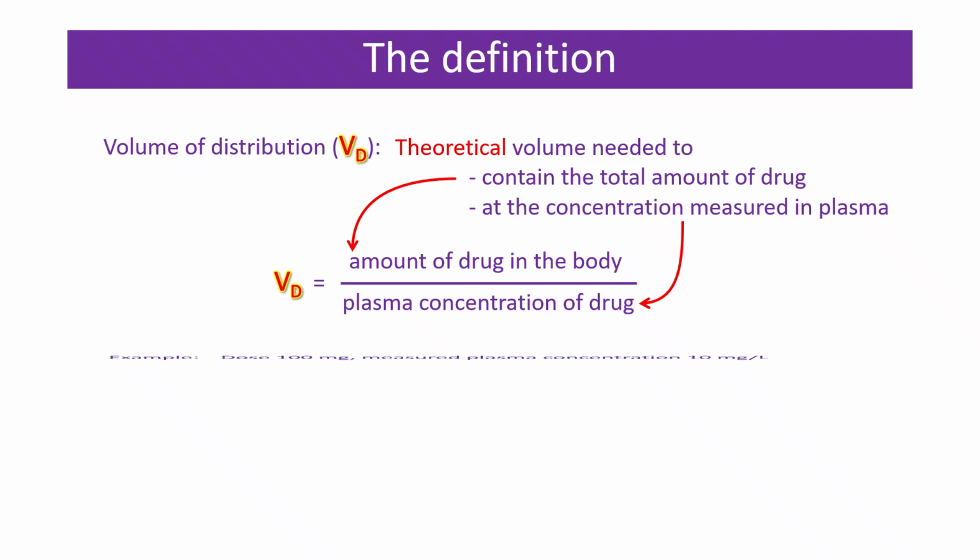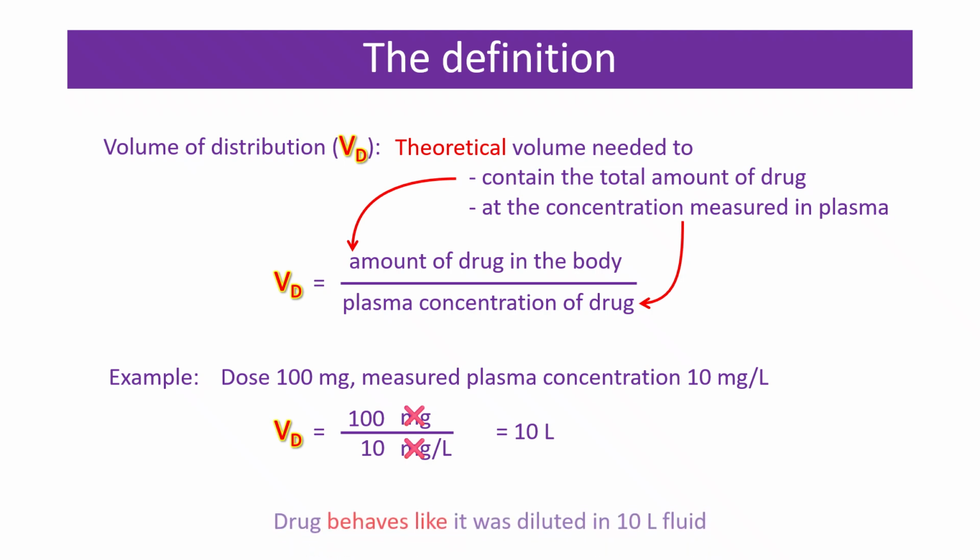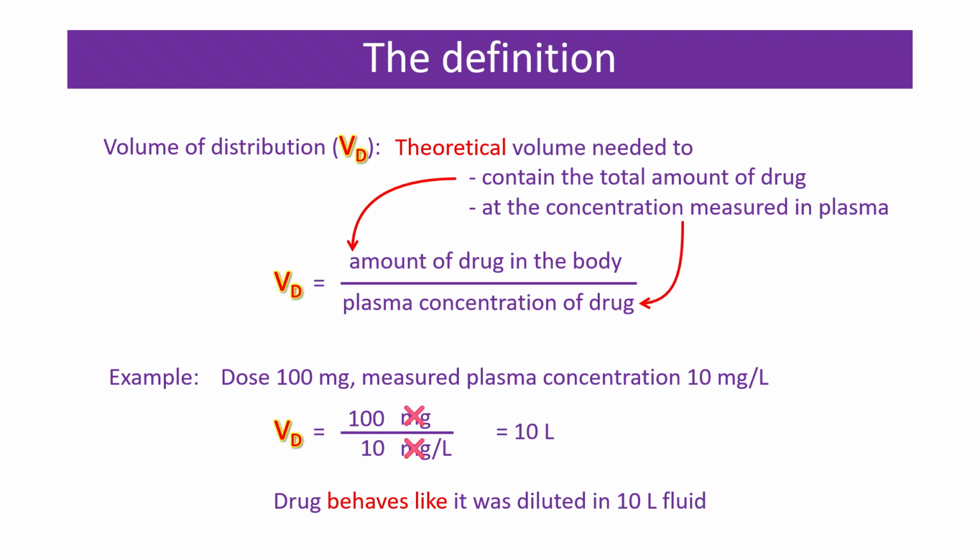So, if there are 100 milligrams of drug in the body and the plasma concentration is 10 milligrams per litre, the apparent volume of distribution is 100 milligrams divided by 10 milligrams per litre, or 10 litres. This does not necessarily mean the drug is physically dissolved in exactly 10 litres of fluid. It means the drug behaves as though it has been diluted into that volume.